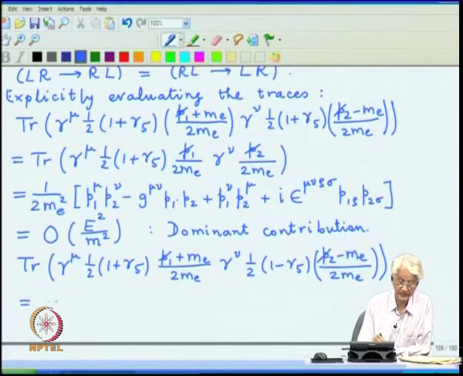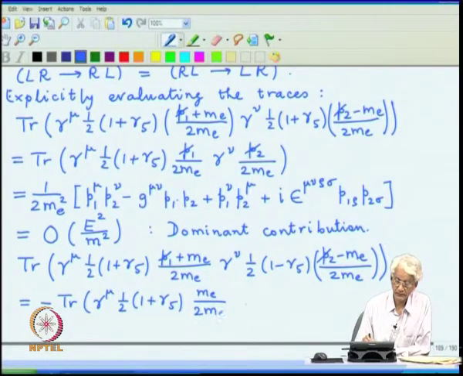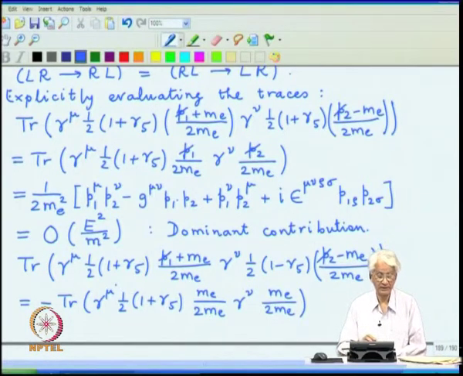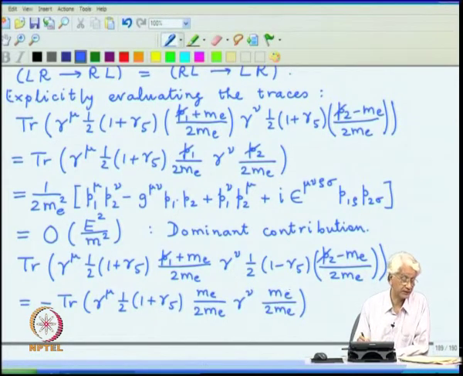So, that result is just this. Again the 1 plus gamma 5 projection operator when squared gives the same thing again, and we have taken this out.